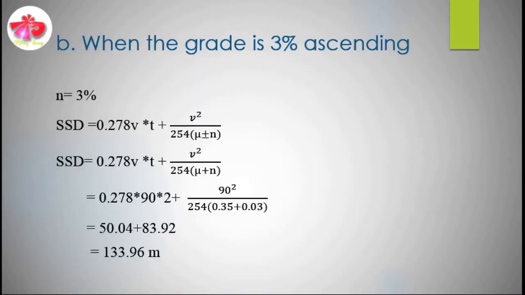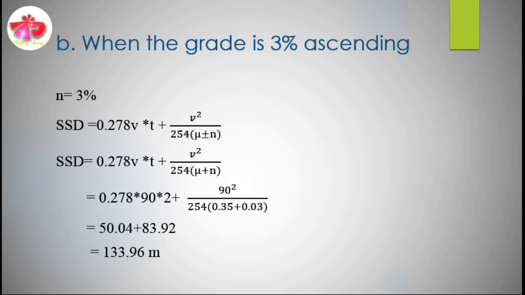Our second case is to determine the stopping sight distance when there is an ascending grade of 3%. One thing we need to know is that for the ascending gradient we shall use the positive sign in the expression of SSD. So we put the positive sign and find the lag distance as 50.04 and the braking distance as 83.93.